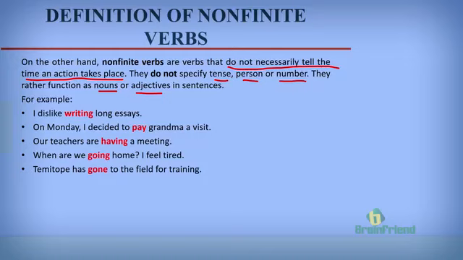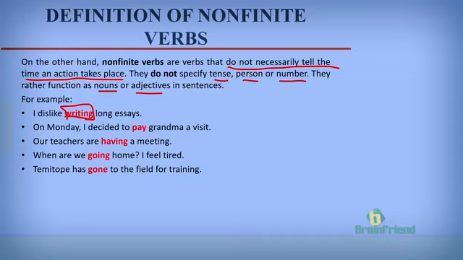Rather, they perform the function of nouns or adjectives in sentences. For example, I dislike writing long essays. One would think that because there is ing here, this is in continuous tense, present continuous or past continuous, whatever it is.